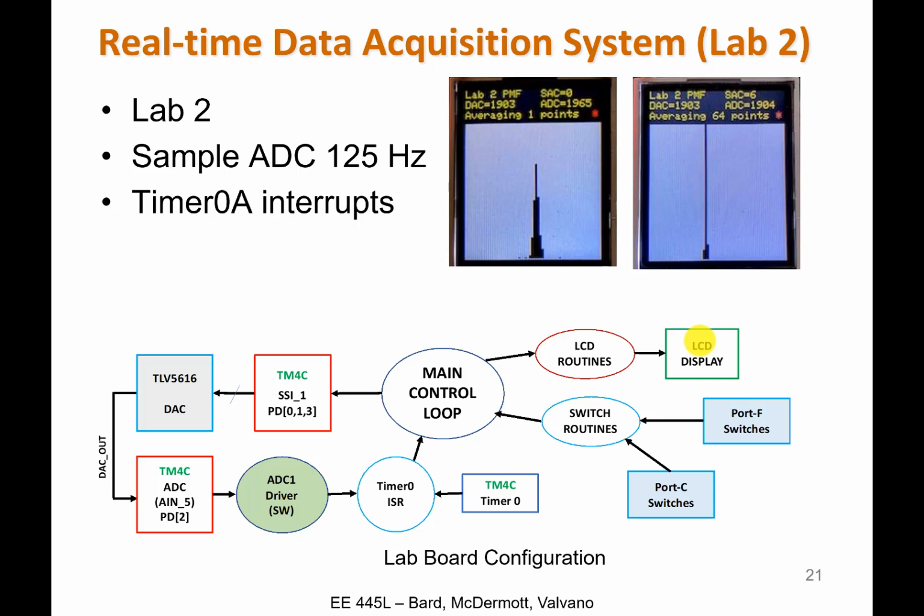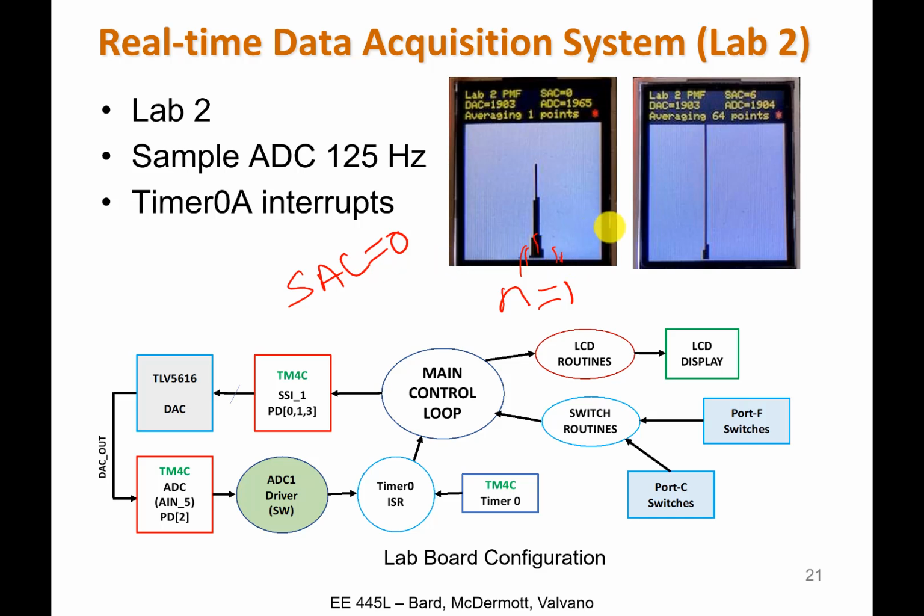Here's another one. Again, the difference between the two probability distributions. This is n equals 1. There's actually a register in the TM4C which will do the hardware averaging for you. But if you see, there's a bunch of dots. You see them all down there?